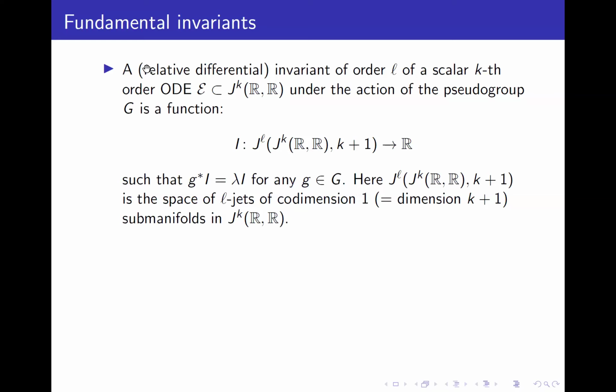And because I speak about relative invariants, it is not preserved; it's preserved only up to a multiplier under the action of a pseudogroup. We'll see examples of such invariants very soon. I'll show them in a minute. But this is the kind of invariance we'll be using to characterize, in particular, the classes of trivializable equations.